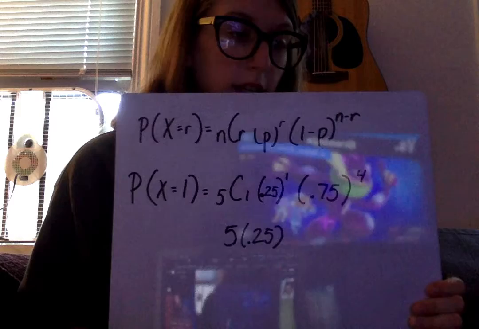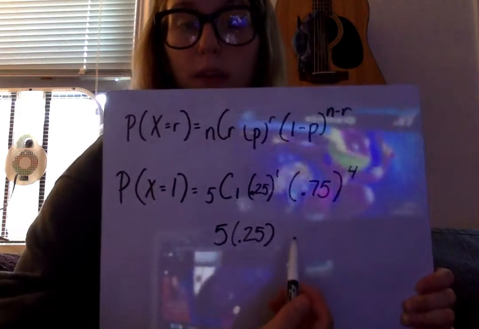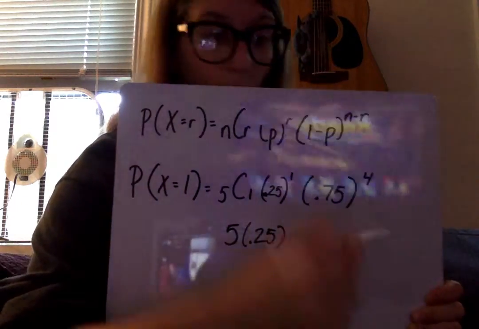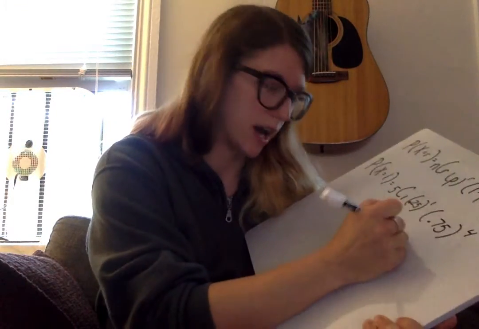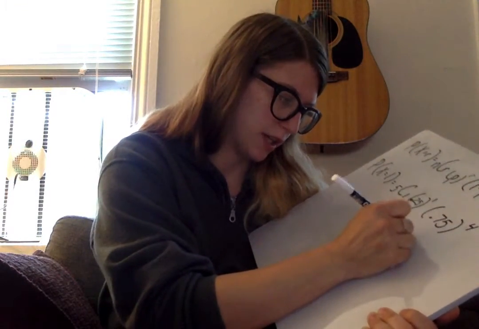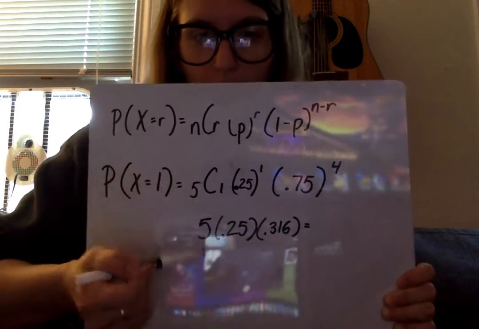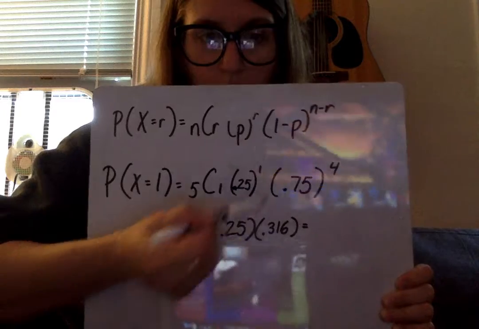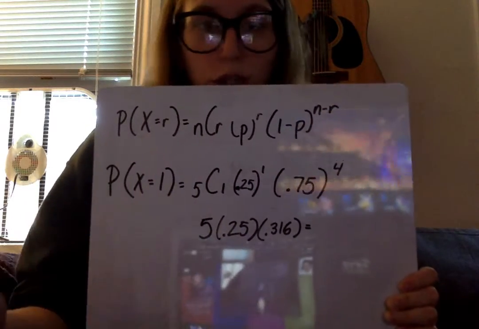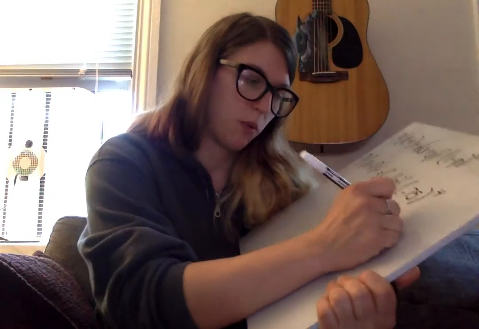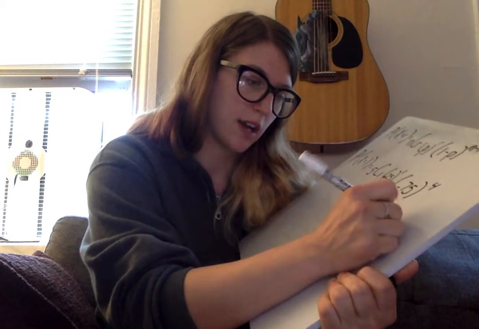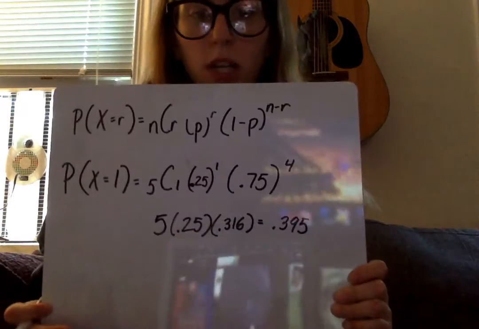And then last but not least, I need to do 3/4 or 0.75 to the 4th power. And I rounded it a little bit here. And I got 0.316. So once you get this value, and this value, you just multiply. I'm going to multiply it. I'm going to get 0.395. And you can leave it at that.